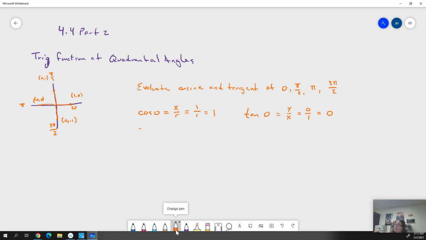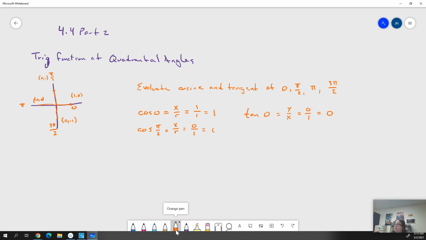So now we're going to look at cosine of pi over 2. Well, that is still just going to be x over r, right? Because that's what cosine is. And in this case, our x is 0. And our r in this is 1. In every circumstance, our r is going to be 1, right?